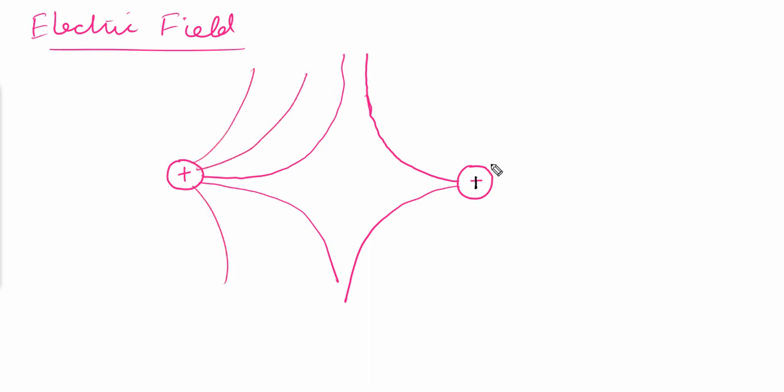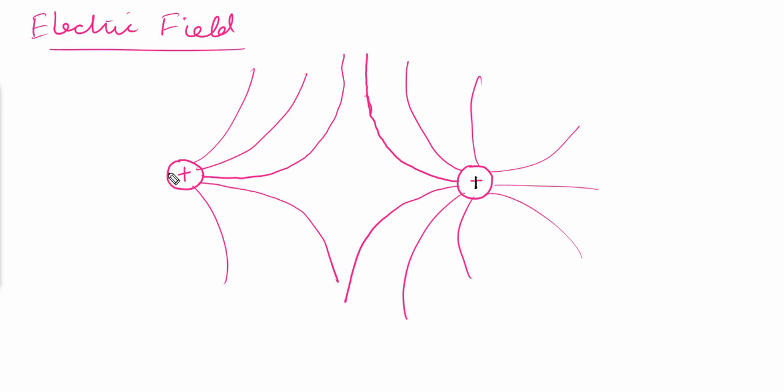So this is how the pattern of the electric field lines forms for like charges. The electric field lines are going away from the positive charge for both the charges, going away like that.